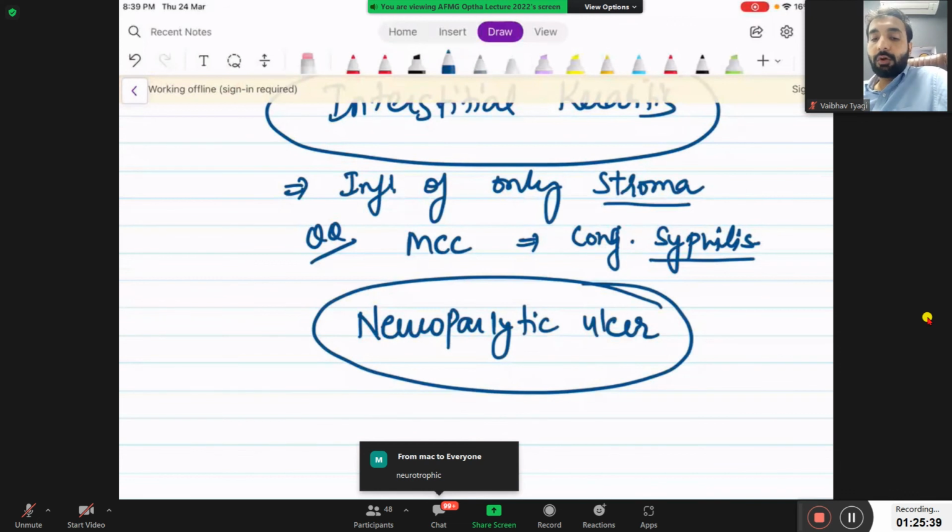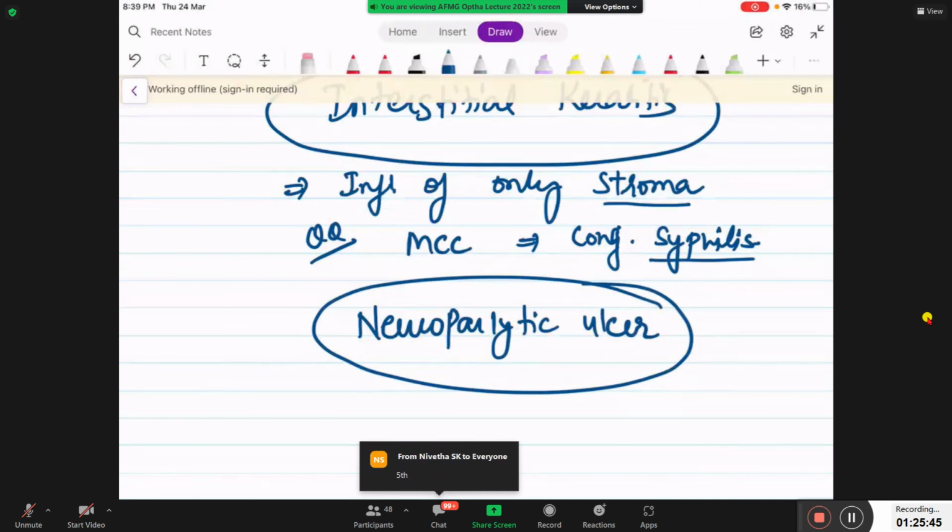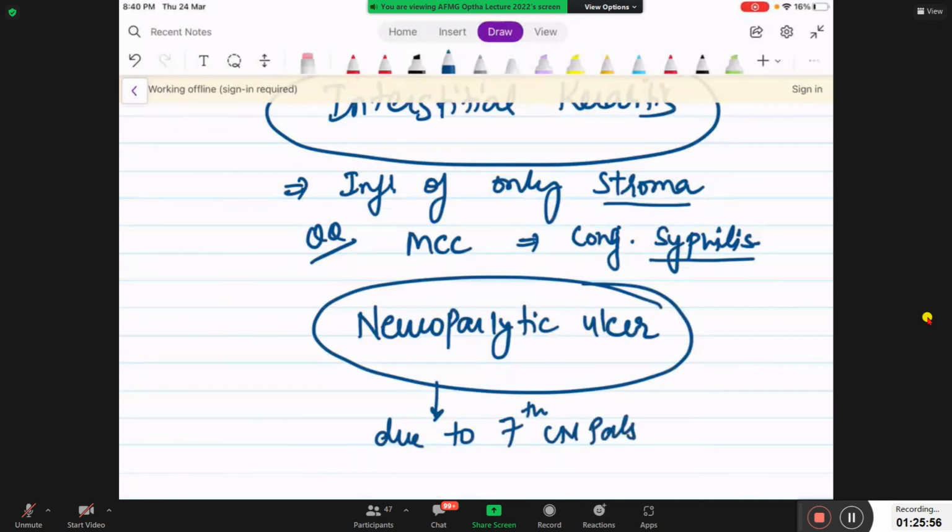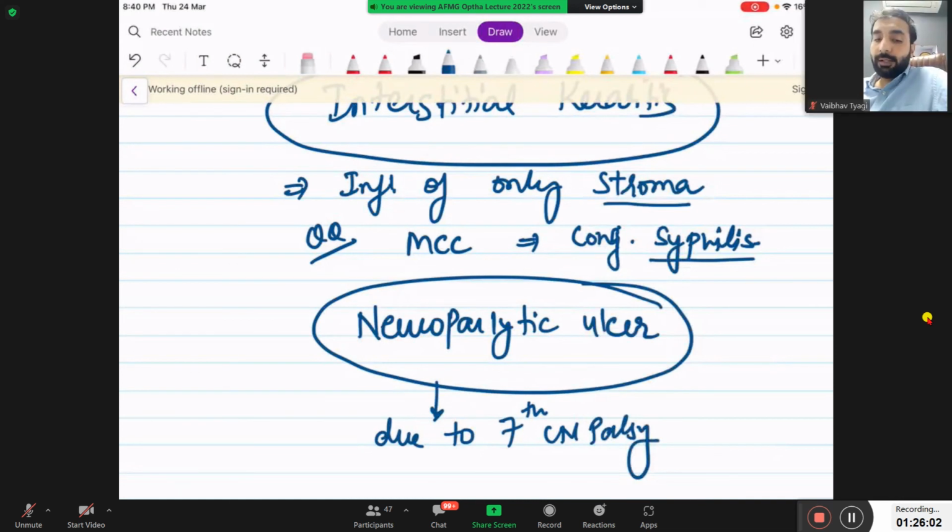Fifth, neurotrophic, right? Neurotrophic was because of fifth cranial nerve palsy. And this is neuroparalytic. Just remember one thing, that neuroparalytic occurs because of facial nerve palsy. And neurotrophic was because of fifth cranial nerve palsy.